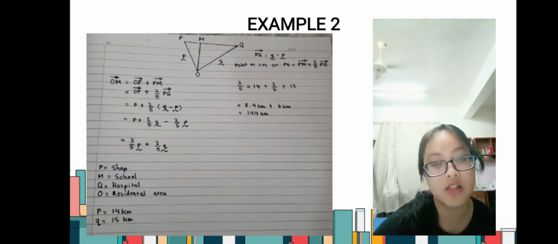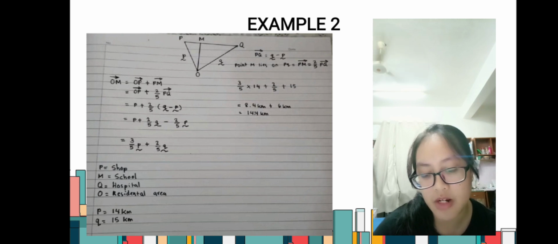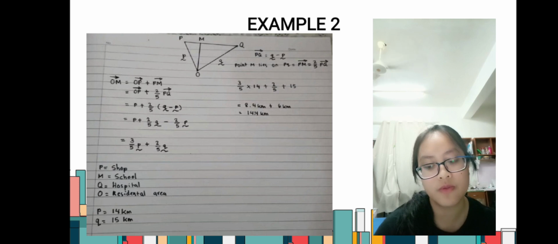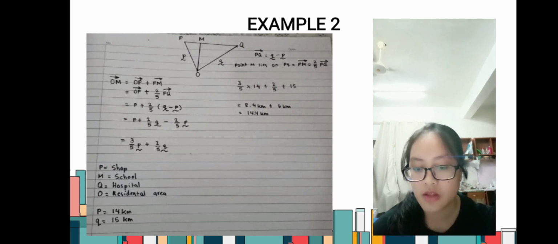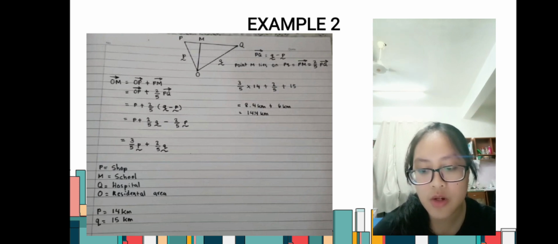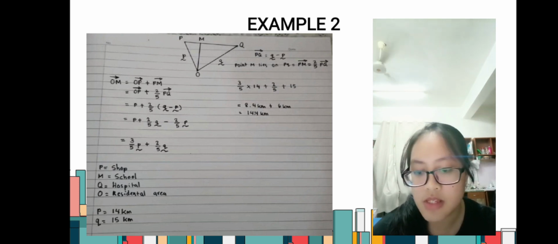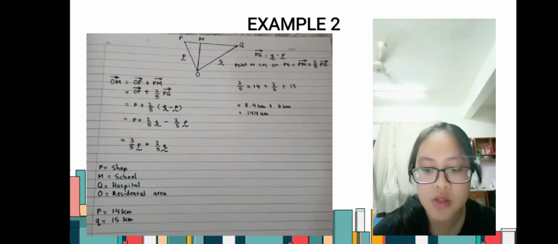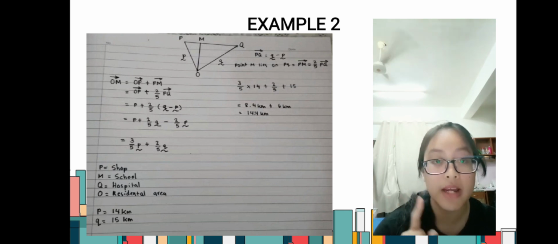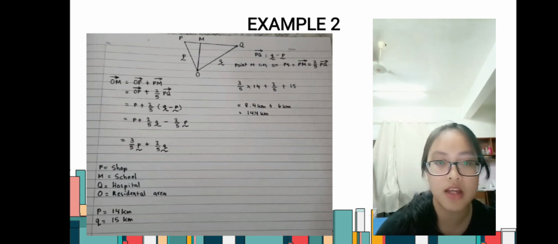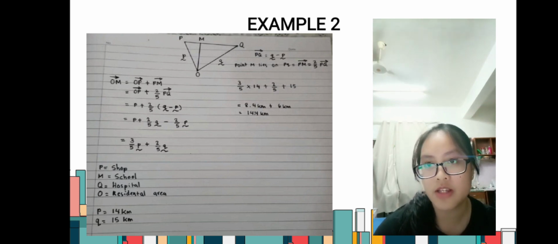And when you calculate this part, it equals 3 over 5A plus 2 over 5C. The reason we got 3 over 5A is because we simplified A minus 2 over 5A, which equals 1 minus 2 over 5 A, so it equals 3 over 5A.